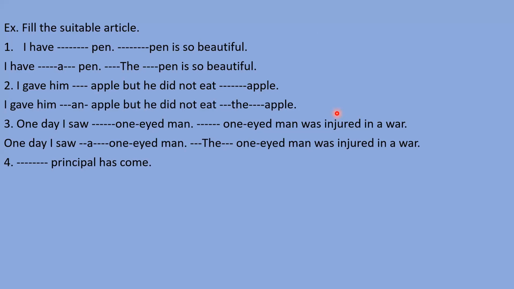Good morning, sir. Good morning. Sir, the principal. The principal. Shivani, can you explain why you have used the here instead of a or an? If you know, please try to give me the answer. Otherwise, I will explain.